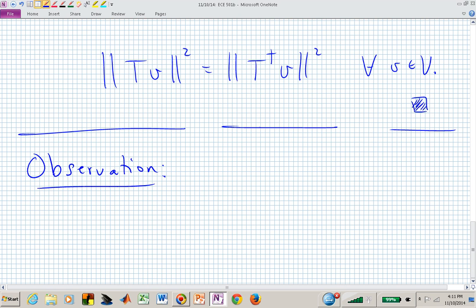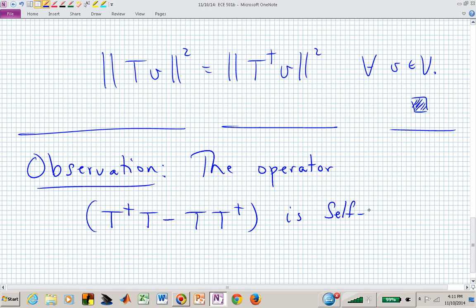Let's now make the next observation, and that is that the operator given by, let's write it as T dagger T minus T dagger, is self-adjoint.